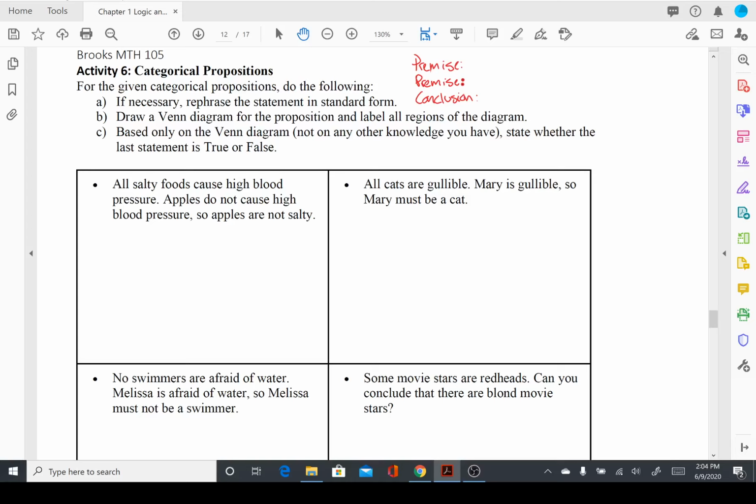All salty foods cause high blood pressure is the first premise. Apples do not cause high blood pressure is the second premise.